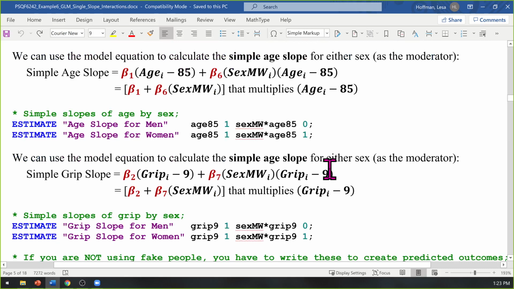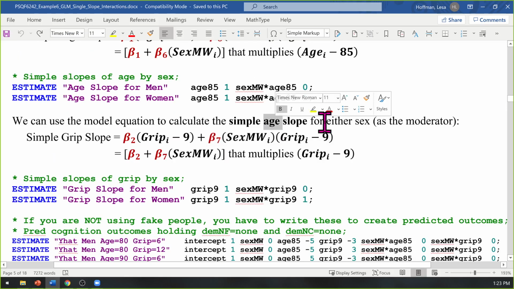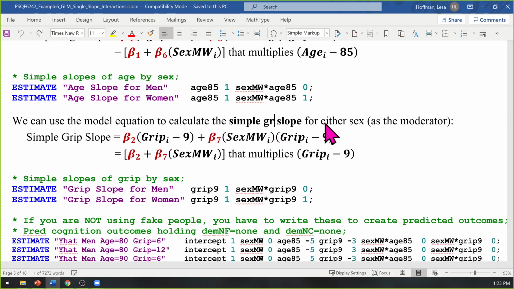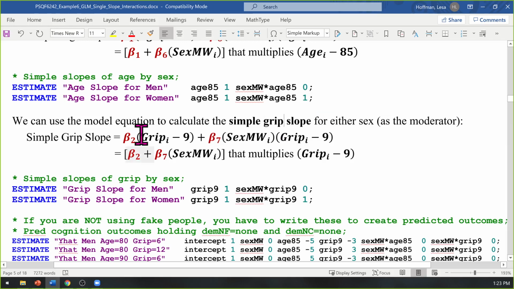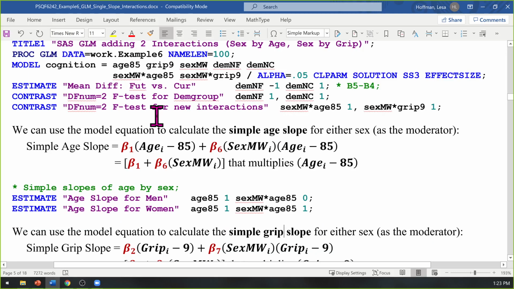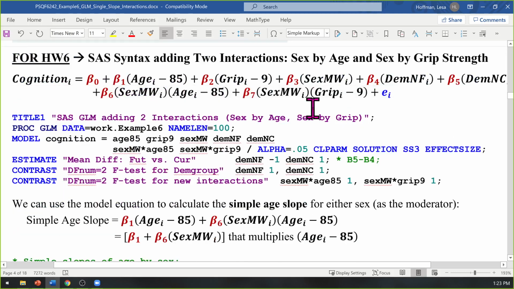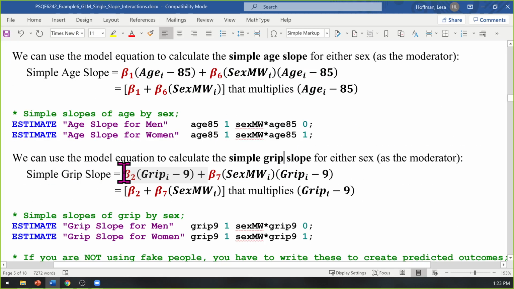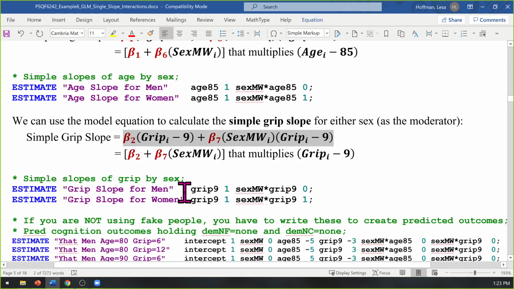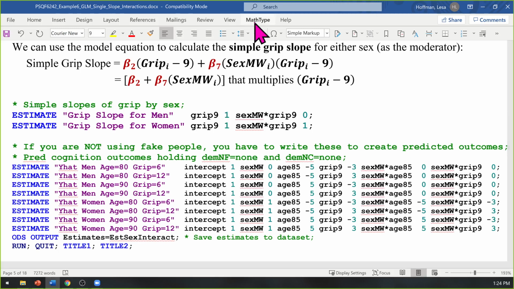Likewise, if I want the simple grip slope, then I go to the model, find all of the terms that have grip, here they are, and then factor out grip as the common variable, and now I have the ingredients for how I would get that slope. So why is this a 1 right here?